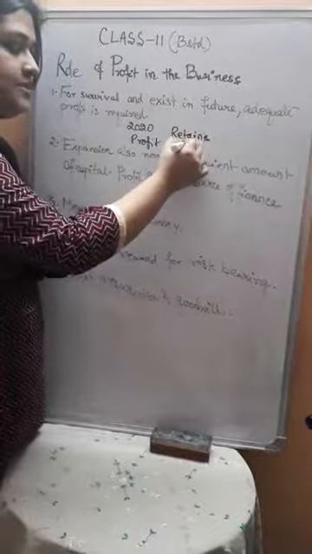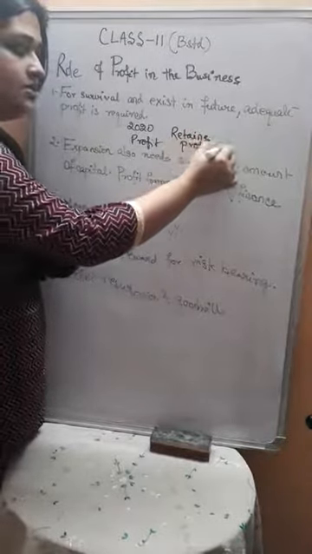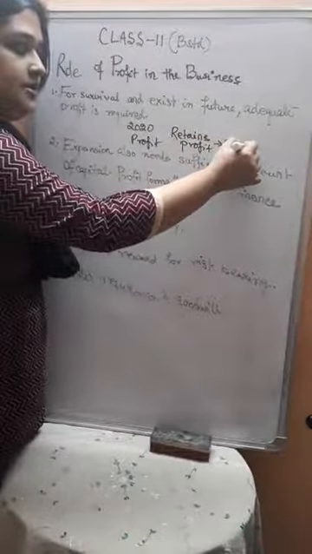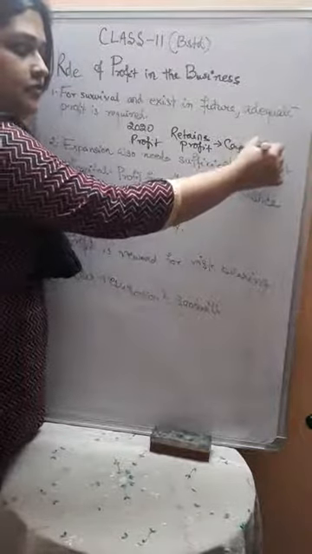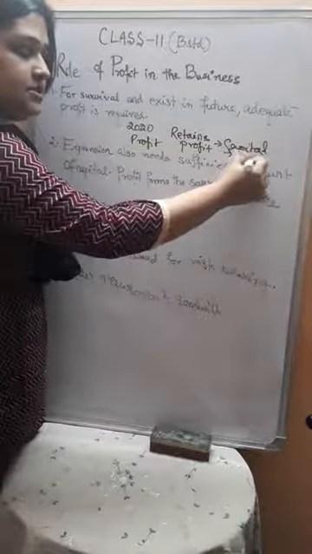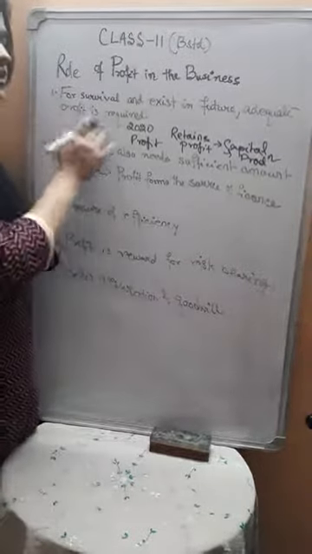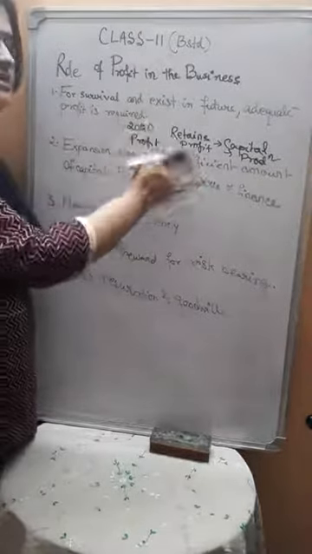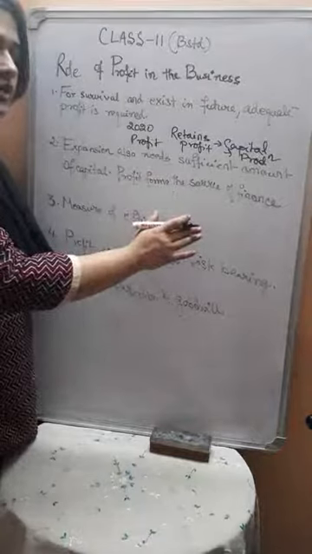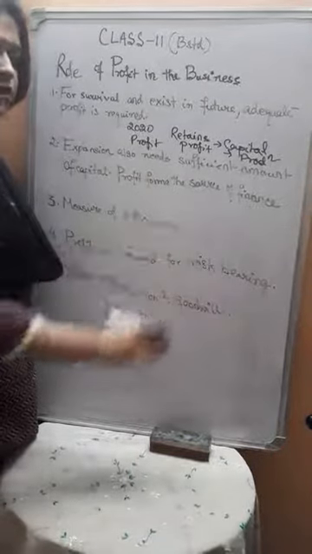So it retains the profit and uses it as a capital for the next period for production purposes. So profit is required for survival of the business in the long run and for continuing the production in the long run.